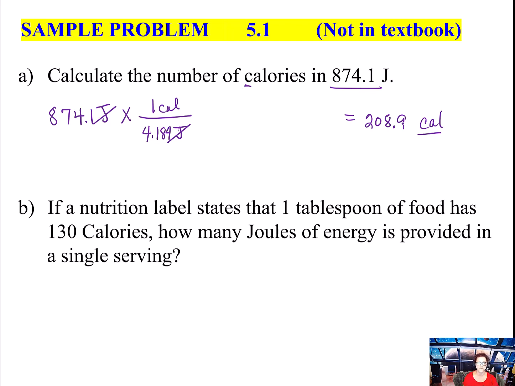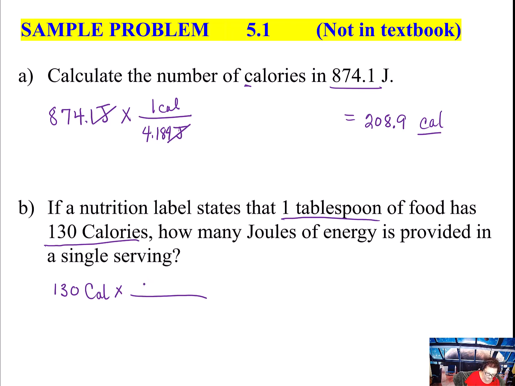Now in a nutrition label, it tells us that 1 tablespoon of food, whatever it is, has 130 calories. That's the big C. How many joules of energy is provided in a single serving? So we're looking at 1 tablespoon. It has 130 big C calories, which I've already told you is kilocalorie.